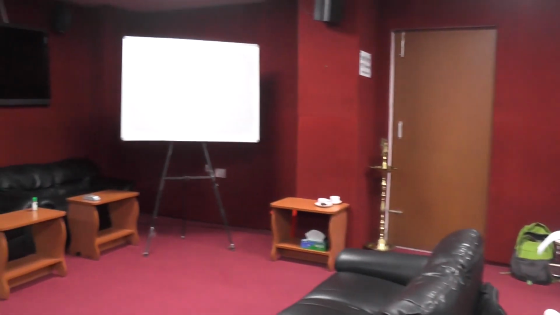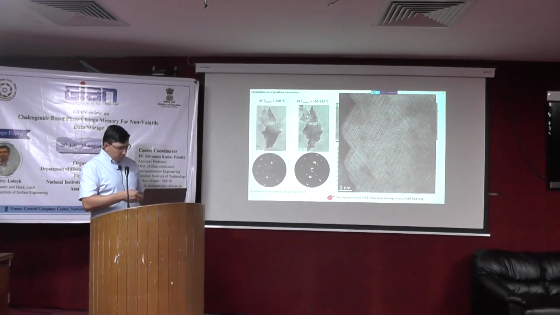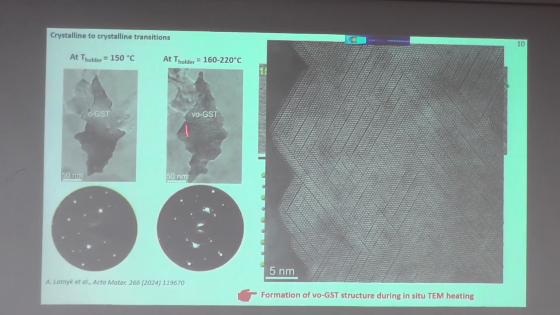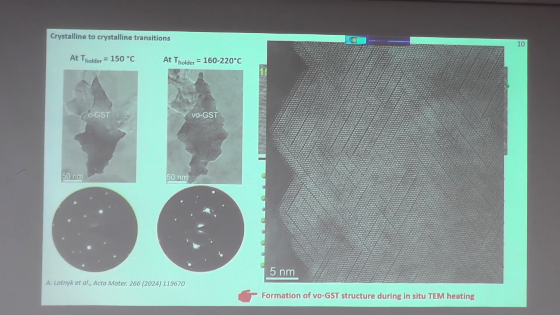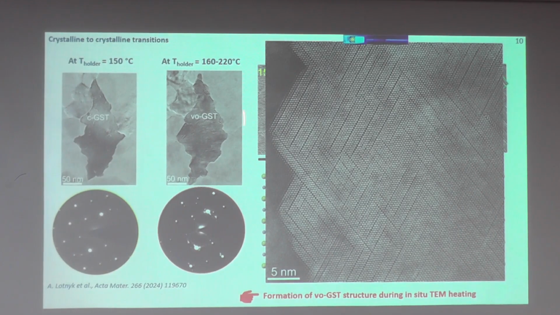For GST 225, we can create a stoichiometric GST 225 using in situ heating, but we also compare with ex situ heating, and this vacancy order really occurs in this temperature range.